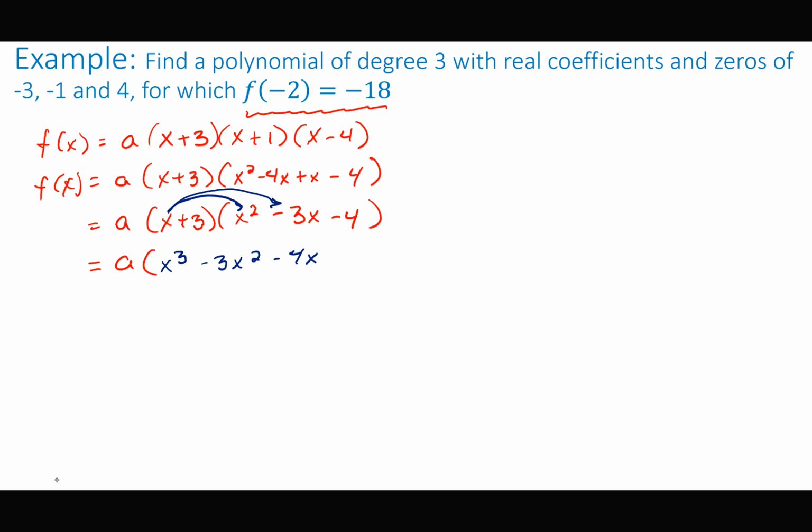And then I'm going to take the next piece, which is positive 3. So it's going to be a positive 3x squared, negative 9x, and then a negative 12.